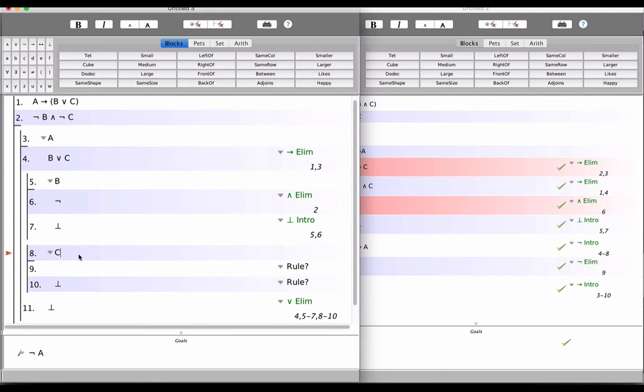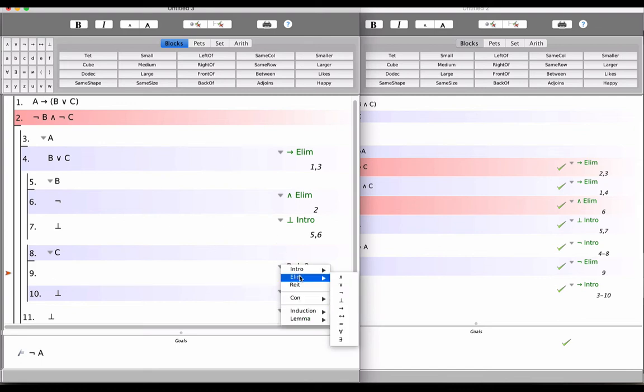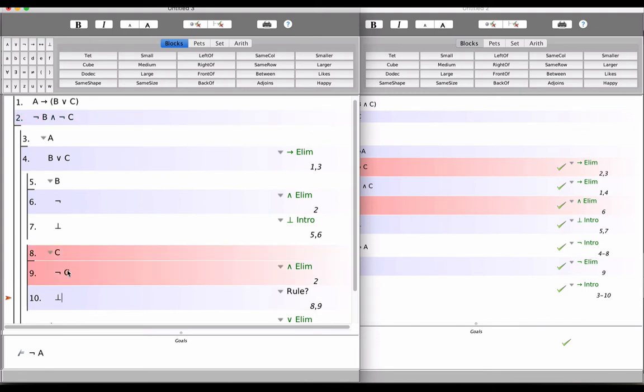Sorry, I hit a button and created a line I didn't want. Okay, so we assume C. We're going to dismantle the right side of the conjunction at line 2, eliminate the conjunction, and get thereby not C. And then line 10 is an assertion of the contradiction that I articulated at jointly lines 8 and 9.